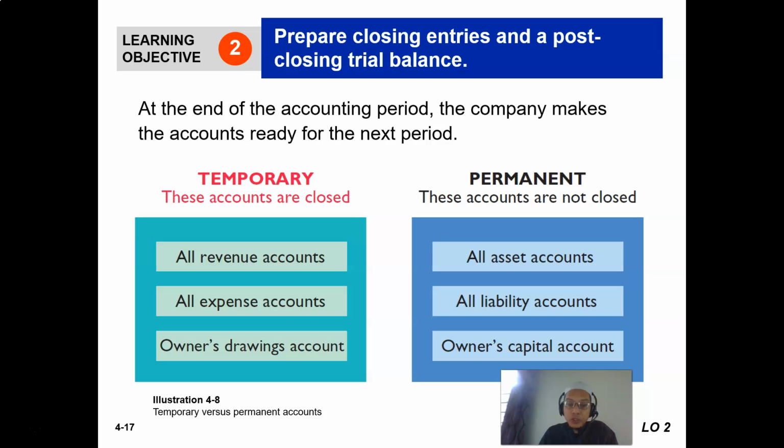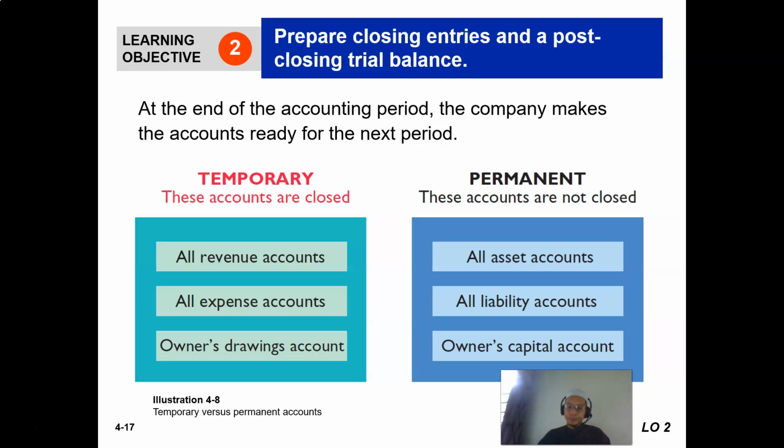On the 1st of January, they will have no transactions regarding revenue and no transactions regarding expenses. So in order to start afresh, they need to close the accounts of the previous period and start with a zero balance in the new period.